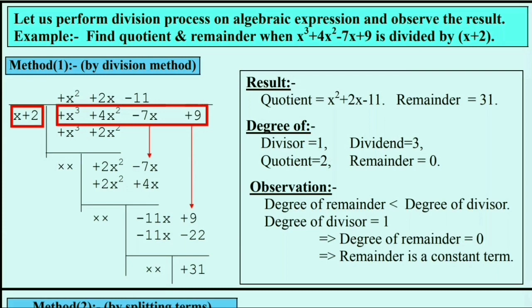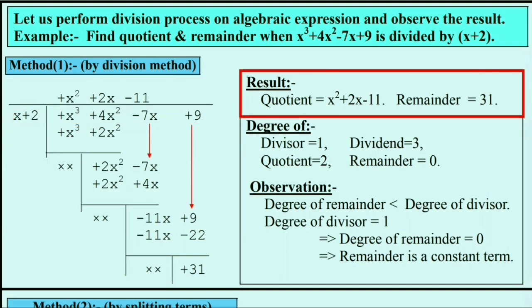This division process you would have performed many times in lower classes, so you don't need any explanation, as I believe. Hence, let's proceed and see what result is obtained through this division process.